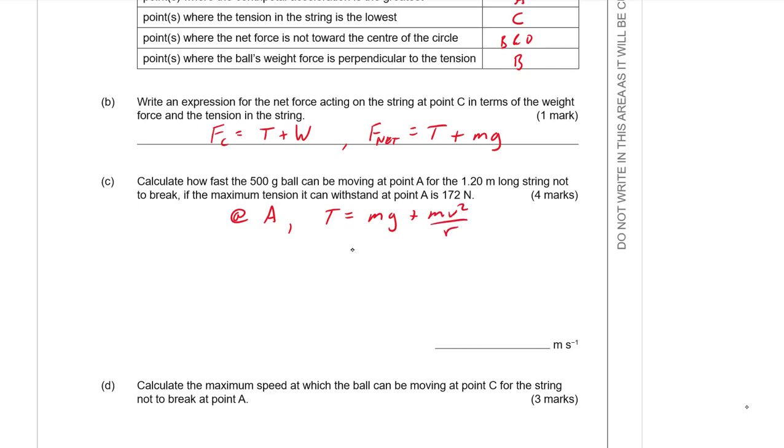If you put that through, you can rearrange it and get v squared is equal to T take mg, multiplied by r, and then divided by m. And sub in the values, 172 take 4.9, multiplied by 1.2, and divided by 0.5. And put that in a calculator, I've got 20.0 meters per second.